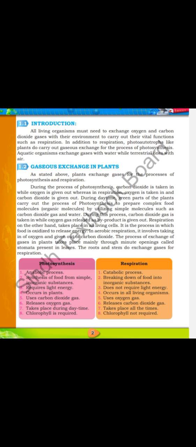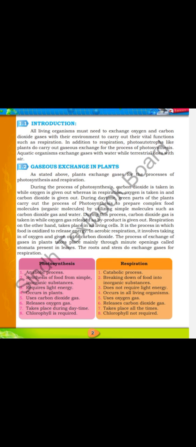So dear students, that is the introduction of gaseous exchange, and now we are moving towards gaseous exchange in plants. So dear students, in plants, gaseous exchange is performed in both the processes, photosynthesis and respiration.